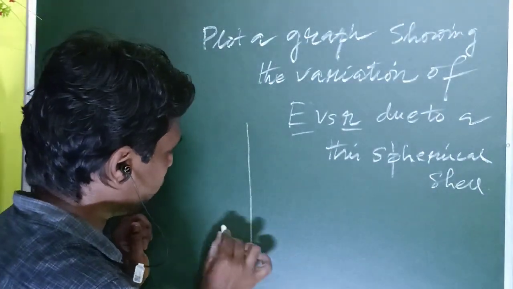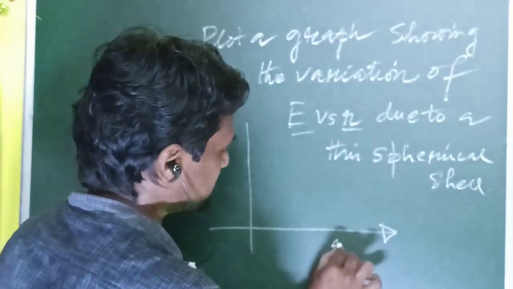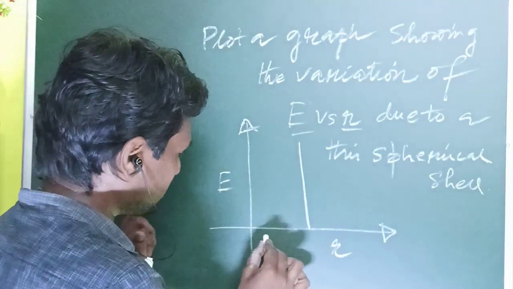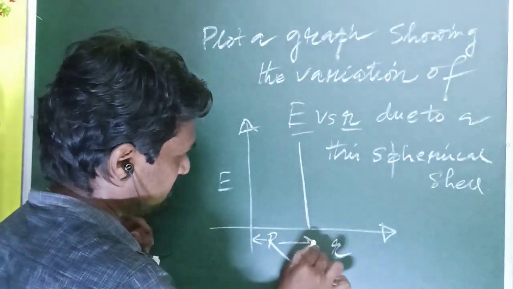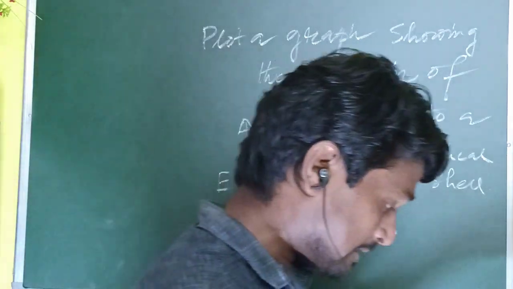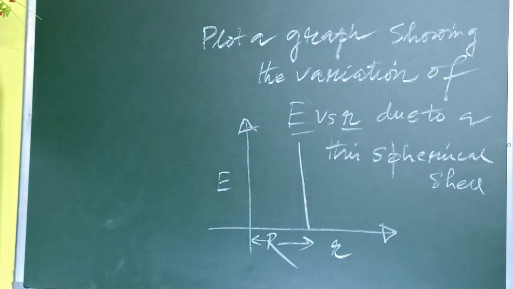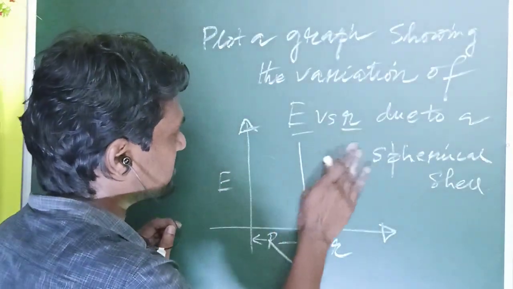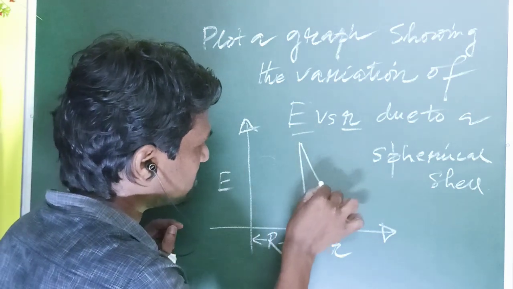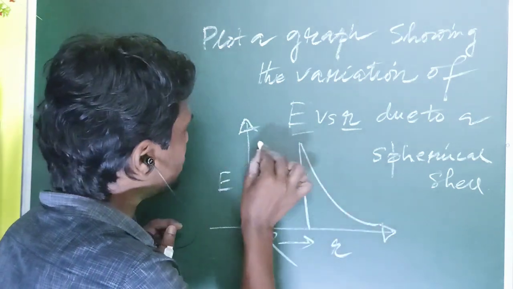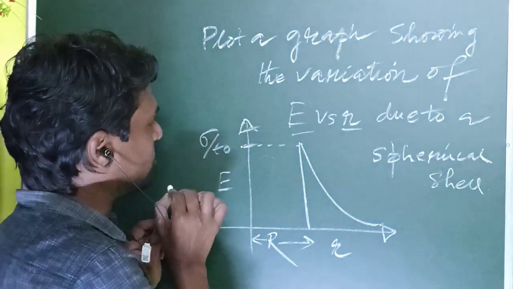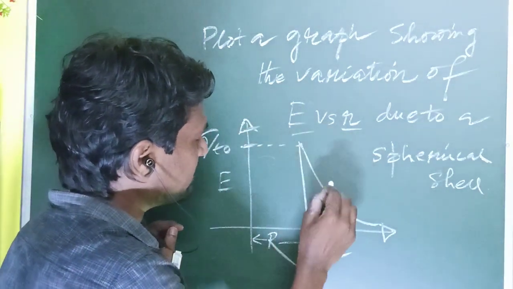If I take this as r and this as the electric field, and this is capital R, that is the radius of the cell, then inside the cell the electric field is 0. So the graph starts from that point. This value on the surface is sigma by epsilon naught.